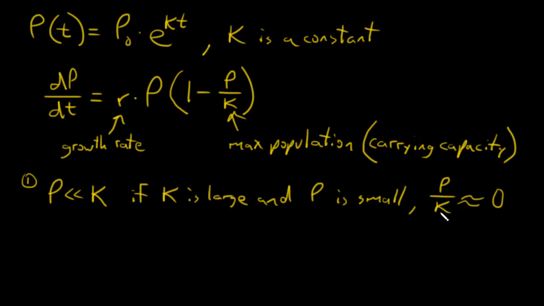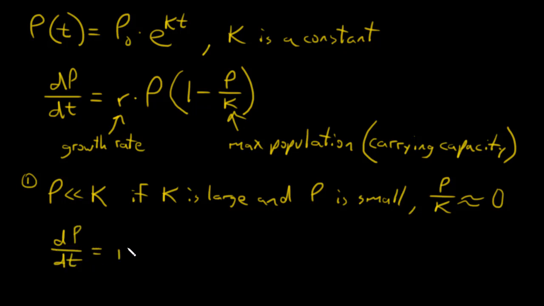It depends on what the values are, but you can imagine for a really large max population, if you had a person of one divided by that really large max population, it's going to be a really small decimal, which we're going to say is approximately 0.